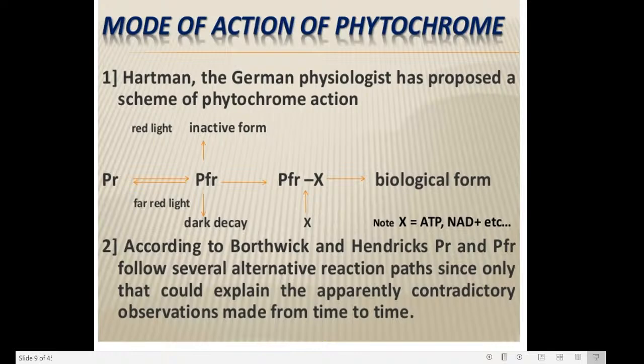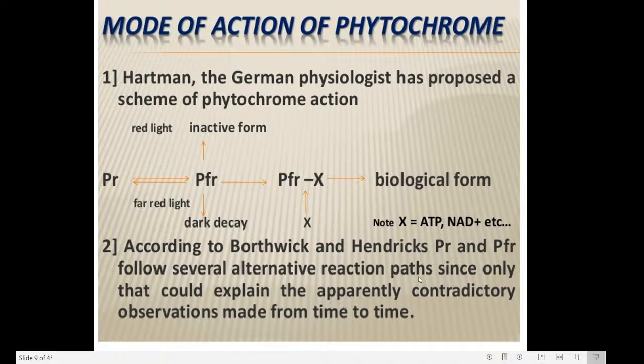Everything depends on the phytochromes, phytochrome 1 and 2. When the far-red light is absorbed, it forms the Pfr form, which is the biologically active form. This was reported by two research laboratories, Hartmann and Borthwick-Hendricks.